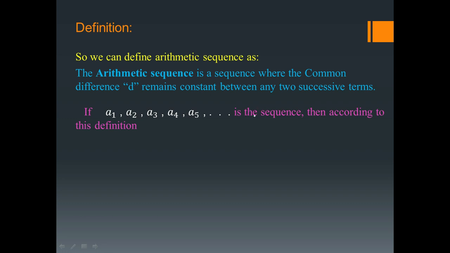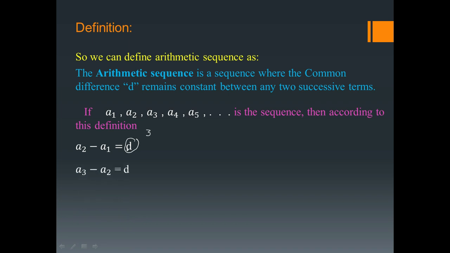Then according to the definition, this d is constant, as in the example we have explained just now. This d was 3. So this is the constant number d. If we subtract the first term from the second term, we are getting d.